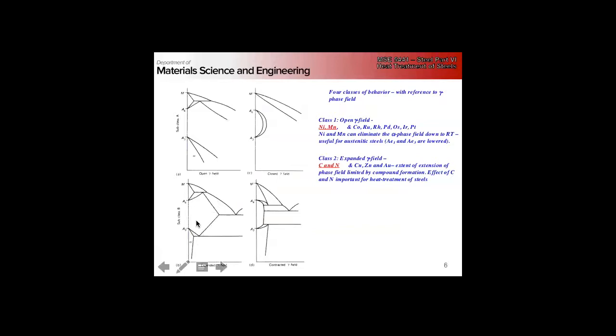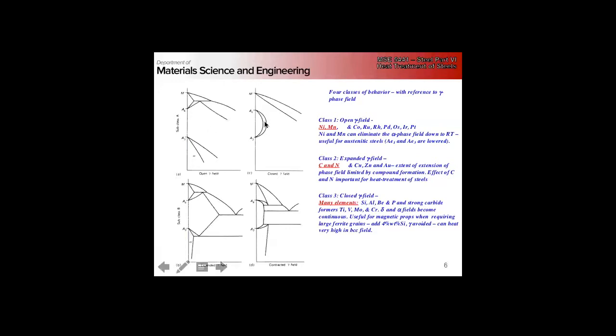Carbon and nitrogen are the primaries, but also copper, zinc. I'm not sure how practical gold is, but it has that effect. So adding FCC elements will tend to expand the gamma field, right?